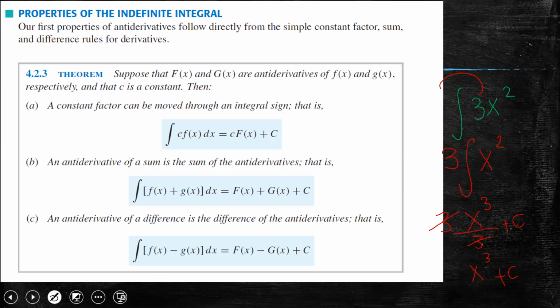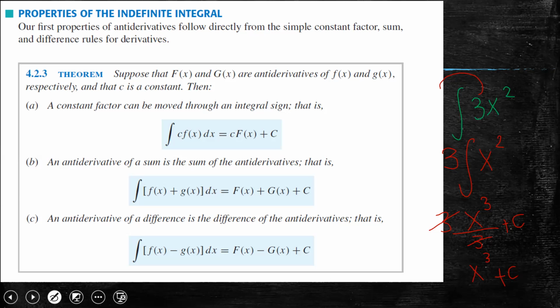The second one here, that the antiderivative of a sum is the sum of the antiderivatives. That means if there are two functions that are added, you can integrate each function alone or separately.